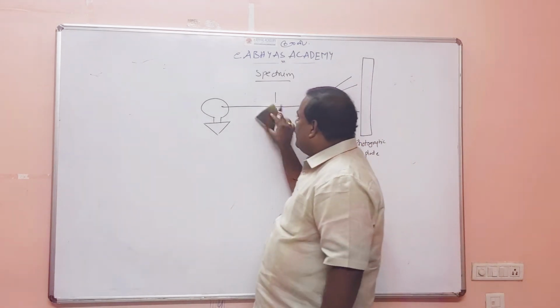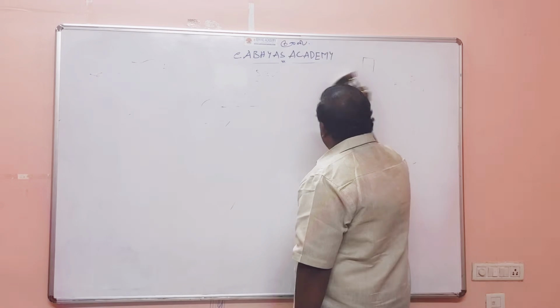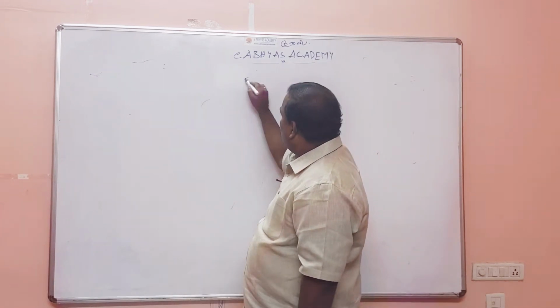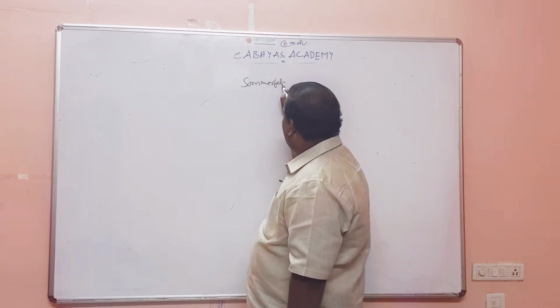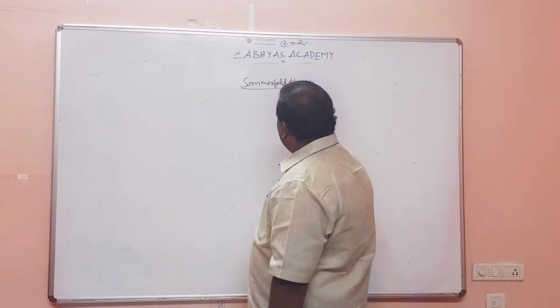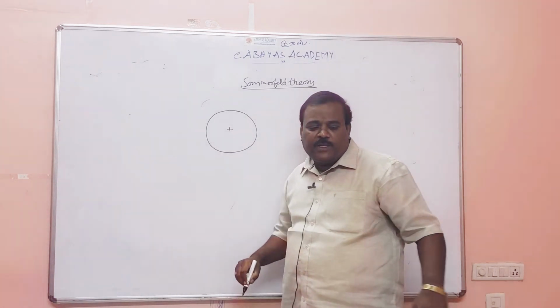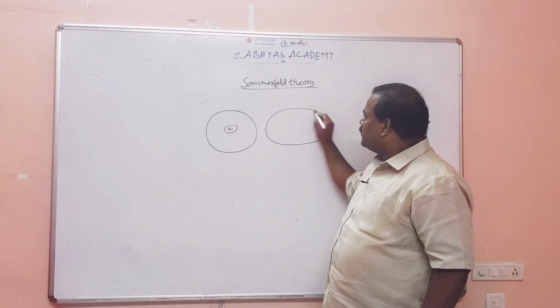According to Sommerfeld, electron revolves around the nucleus in circular path as well as elliptical path. According to this theory, electron is revolving around the nucleus in circular path like this and elliptical path like this.